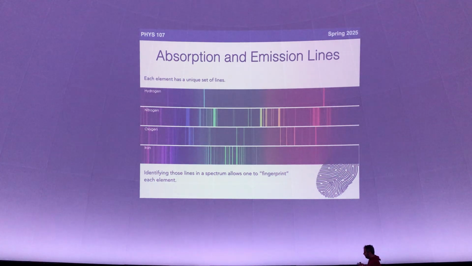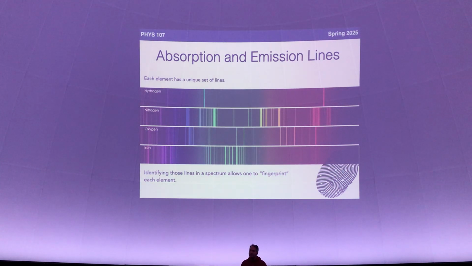I said CSI for a reason. If you hear them go, figure out what this is made of, what you actually do is take the material that you found, evaporate it, basically make it really energetic, and then look at the spectrum and see which elements are in there.